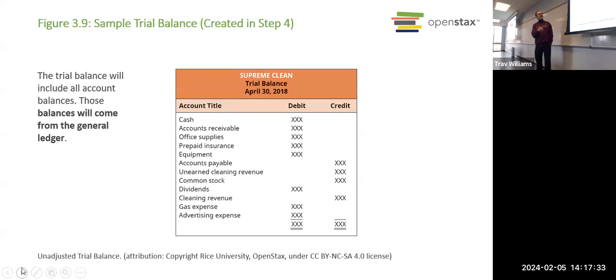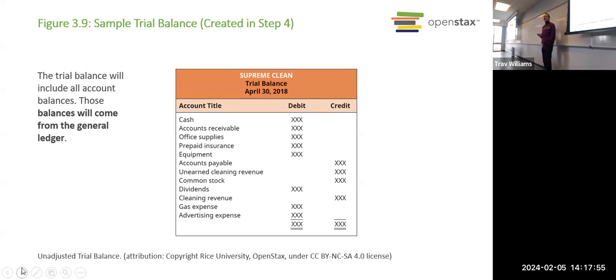Cash, accounts receivable, office supplies, prepaid insurance, and equipment. All of those are different types of assets. In fact, we started off with the current assets, and then equipment is a long-term or non-current asset. And so all of those would have a debit balance.